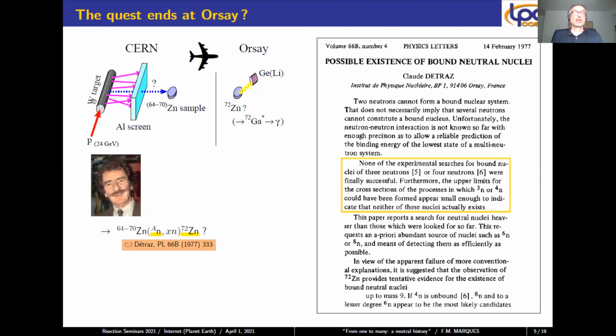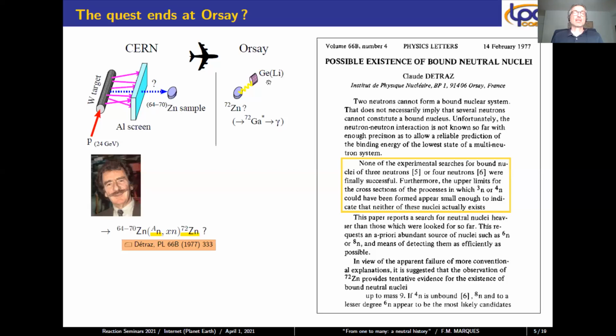You place a zinc sample on the other side of an aluminum screen that is supposed to stop all the charged particles produced. If multineutrons go through, they can increase the mass of the zinc isotopes. So they were looking for the production of zinc 72. Zinc 72 decays into gallium 72, which decays by gamma rays, and these gamma rays could be detected by a germanium detector at Orsay.